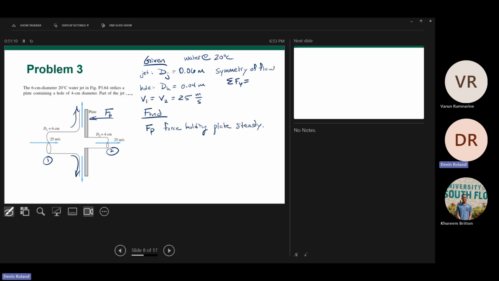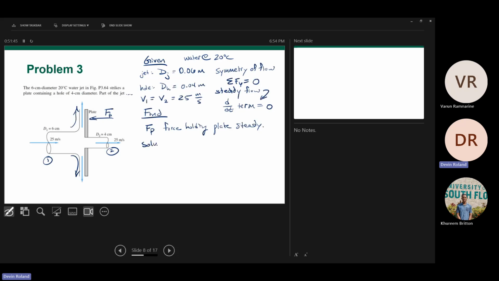If for some reason they were not symmetrical, then you'd have some sort of force in the y direction. And then we also know this is steady. We've only done steady so far. Steady flow, which means the d over dt term equals 0. Okay.